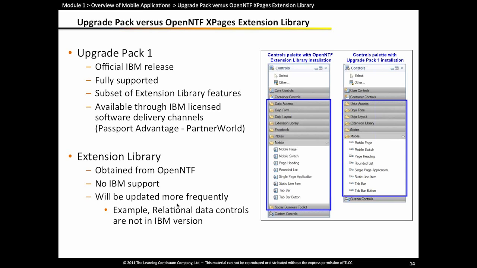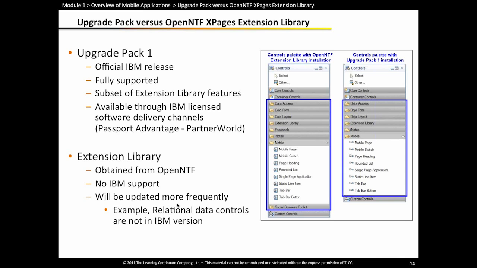It's not all of the OpenNTF tools. It is a subset of the extension library features that are out there. You cannot run both of these tools simultaneously. If you have the extension library from OpenNTF installed, you do want to uninstall that when you go to install the Upgrade Pack. So just a comparison right there between the two.